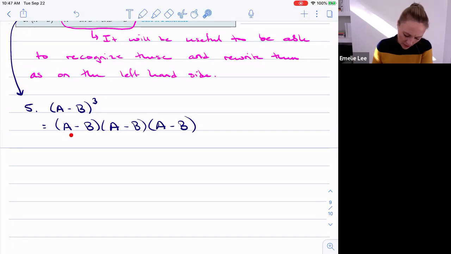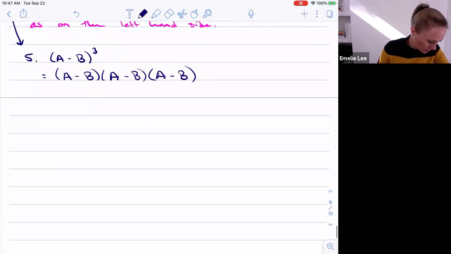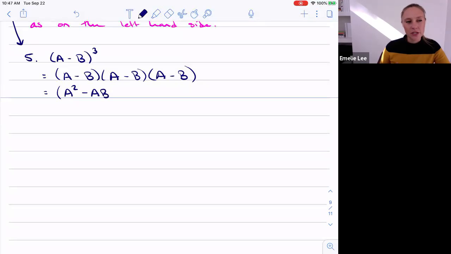We've already talked about how we deal with 2 binomials, but now we've got 3 binomials. All we do is expand the first 2 typically, and then expand onto the third binomial. So first thing I'm going to do is a times a, so a squared, minus ab, looking at a times negative b, that's negative ab.